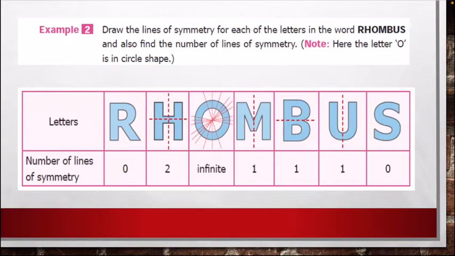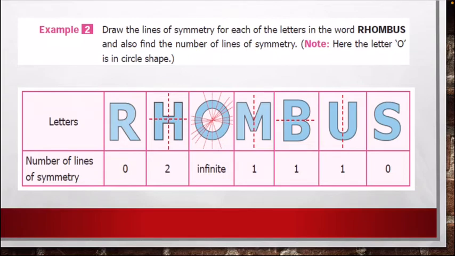If I divide it with a horizontal line of symmetry, can I get similar parts on both sides? Of course not. Okay, now let us move on to the vertical line of symmetry. If I cut this into vertical parts, will I get equal halves? No. So, does it have any lines of symmetry? 0.